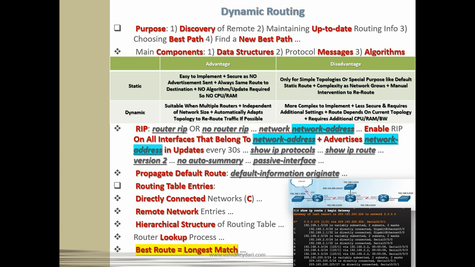In addition to these pieces of information to be verified for directly connected IPv6 route entries, for remote IPv6 route entries, we can see the following pieces of information. You can see route source again. This time, route source is supposed to tell you the route was learned through which routing protocol algorithm.